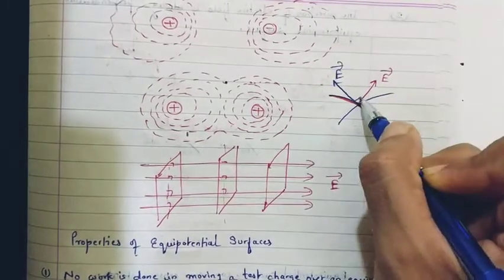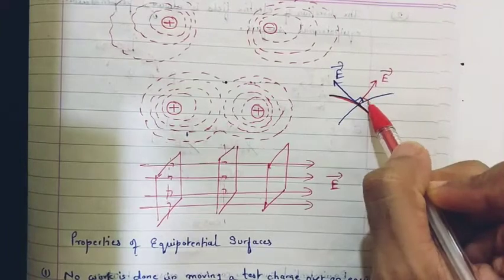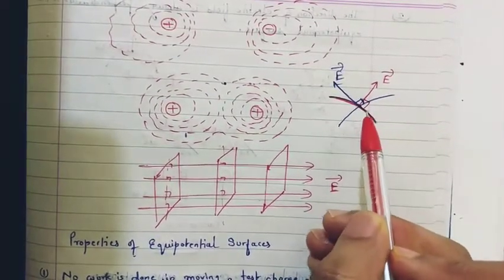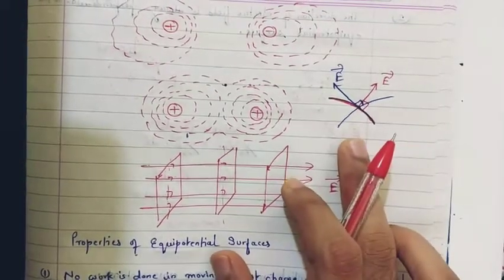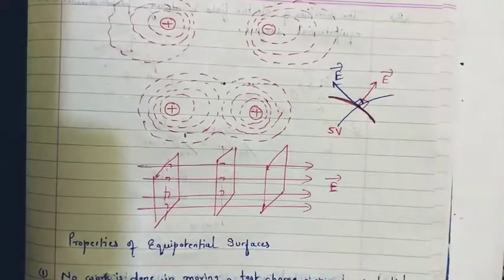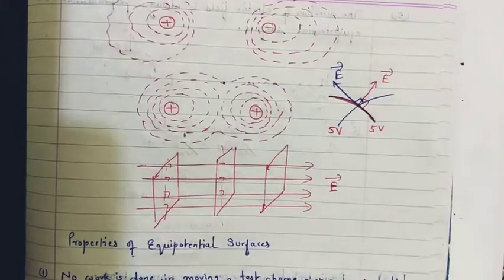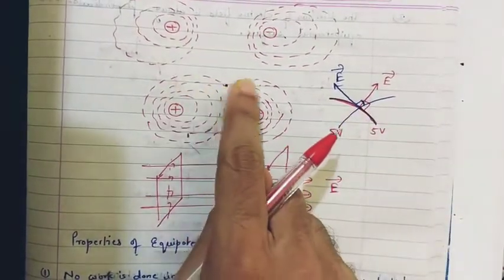So it will be 90 degrees to this surface, and this one's electric field will be 90 degrees to this surface. And is this possible? At a single point, is it possible to have two different directions of electric field? It is not possible. That is why even if this equipotential surface has a potential of 5 volt and this equipotential surface has the same potential of 5 volt, they will not cross each other. They will just merge like this.